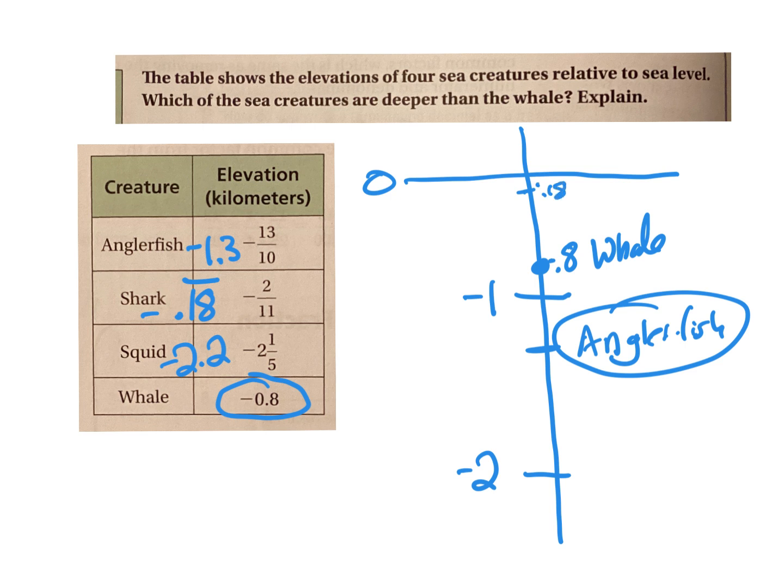So the shark is not deeper than the whale. And then we have negative 2.2, which is right here, which is the squid. So the anglerfish and the squid would be deeper than the whale.